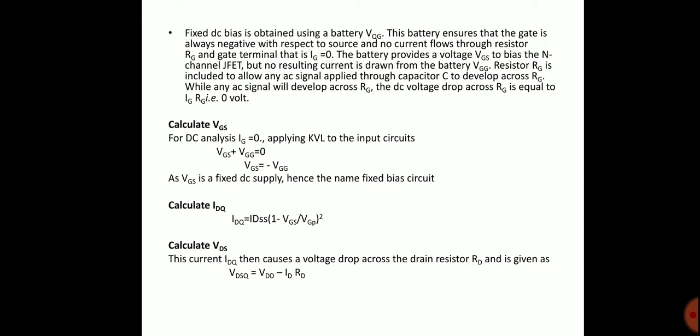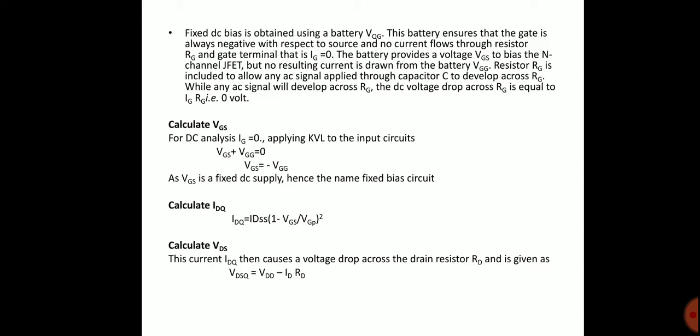So we calculate the gate source voltage. For the DC analysis of the gate voltage, the gate source voltage plus the gate voltage VGG is equal to 0. So the condition is that the gate source voltage is equal to the negative of the gate voltage VGG. Now we calculate the quiescent drain current.